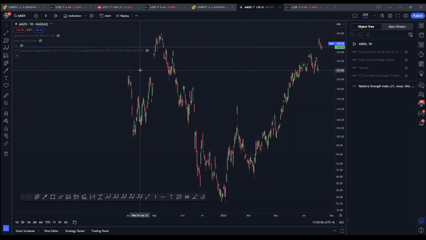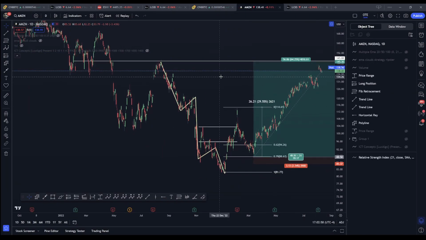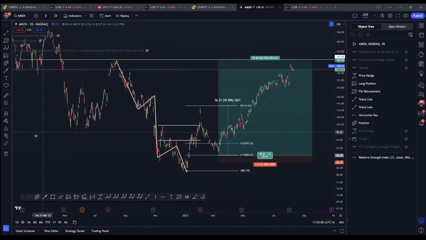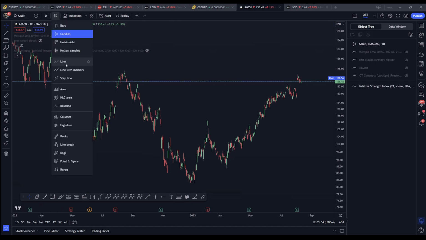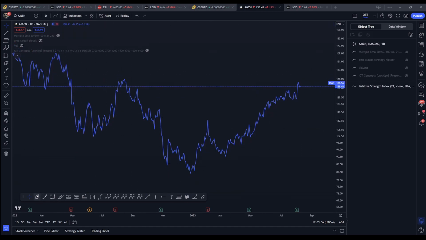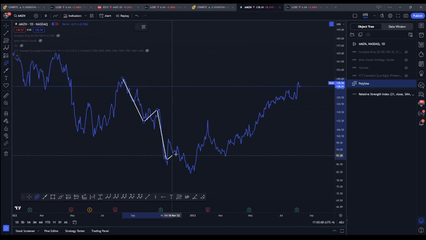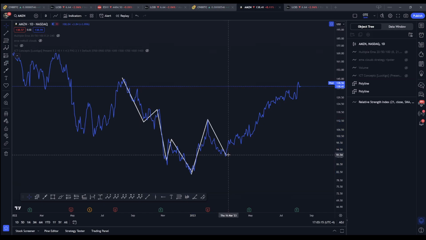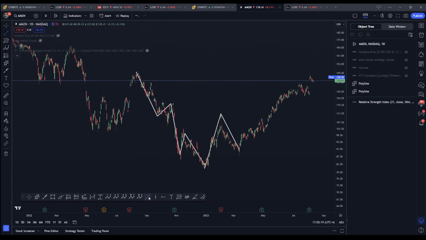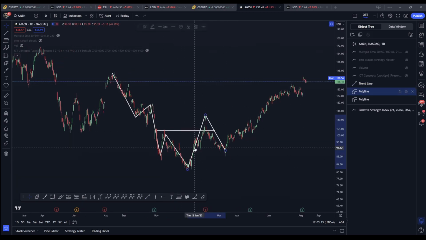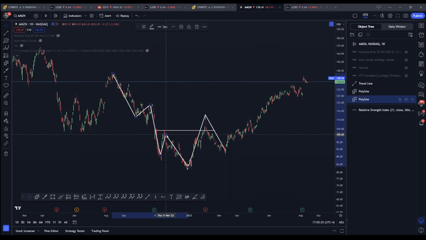Amazon, let's go over Amazon. So again, let's put it in line. Okay, candles, market structure break there.